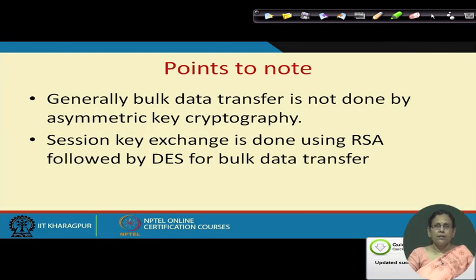This is what I have been telling you so far. Usually for exchanging the keys, we use the expensive public and private key pairs, which is called the asymmetric key algorithm, but once the key gets transferred, we can use the symmetric key, which is now known to both the parties, for bulk transfer of the data.